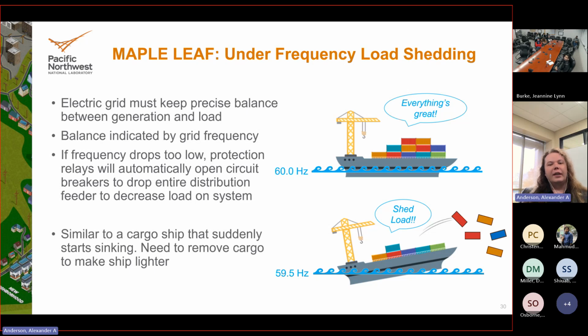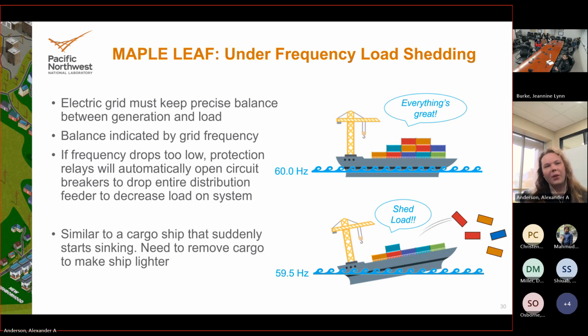The electric grid must keep a precise balance between generation and load, and that balance is indicated by grid frequency. If the frequency drops too low, we have a system in place that will automatically open feeder breakers across the system to drop distribution load and bring frequency back up.